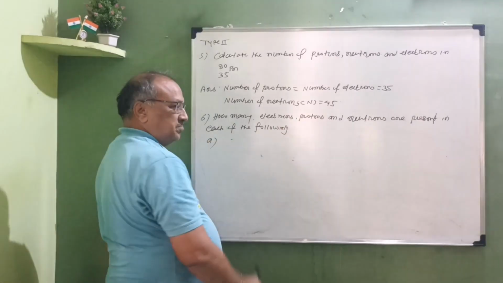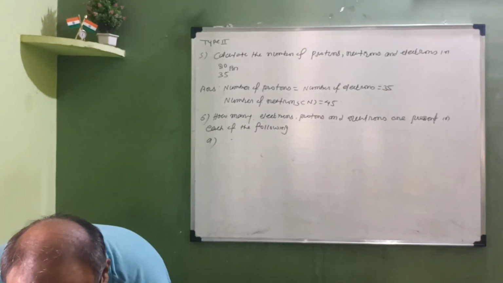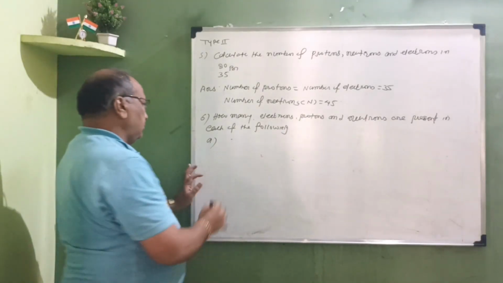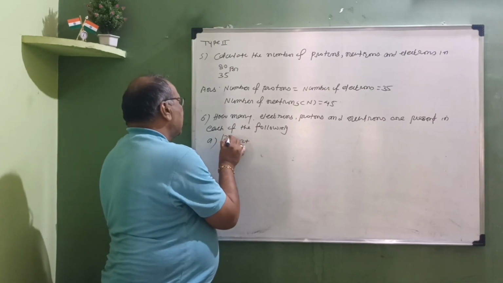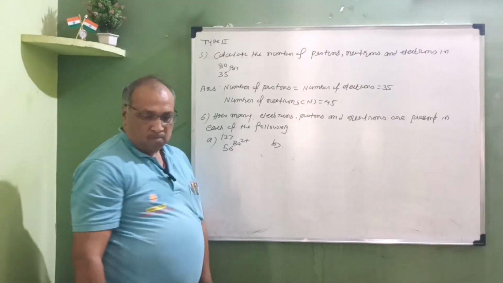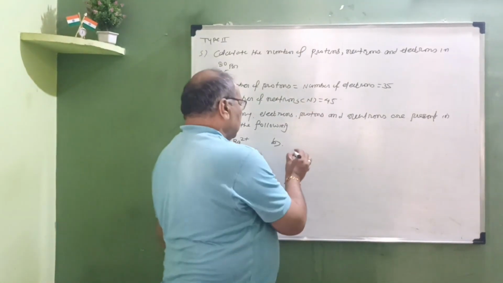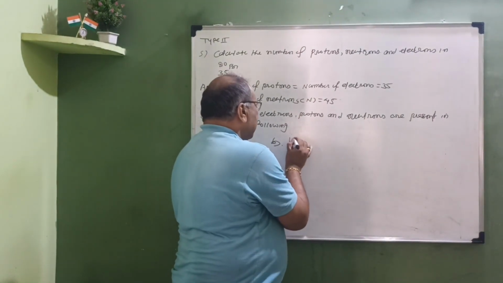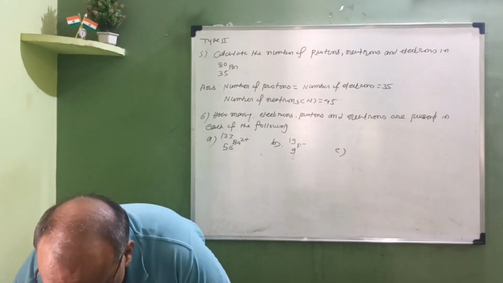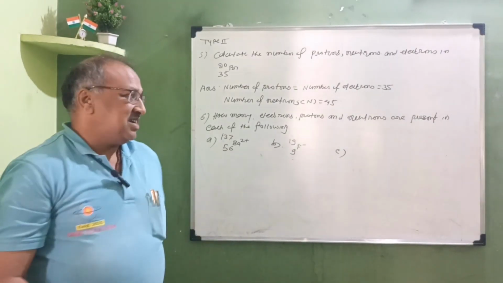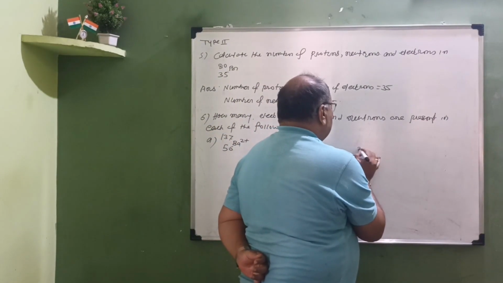Number 8, 56 Ba 137, 9 F minus 19 and 88 Ra 226.